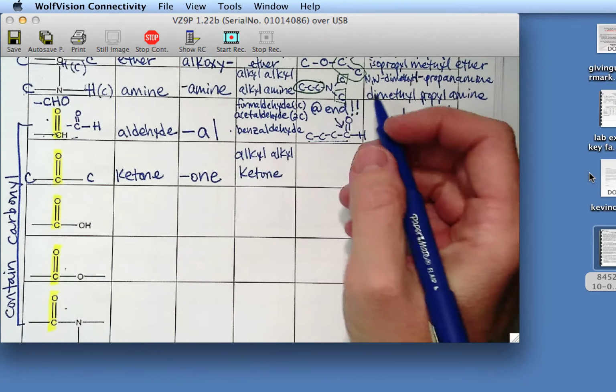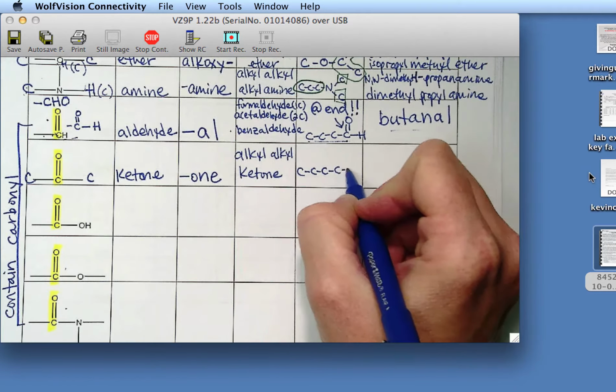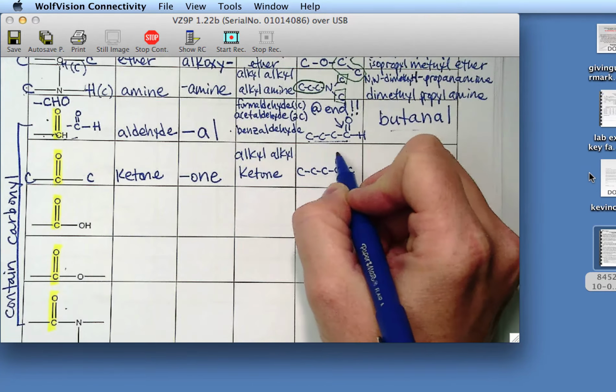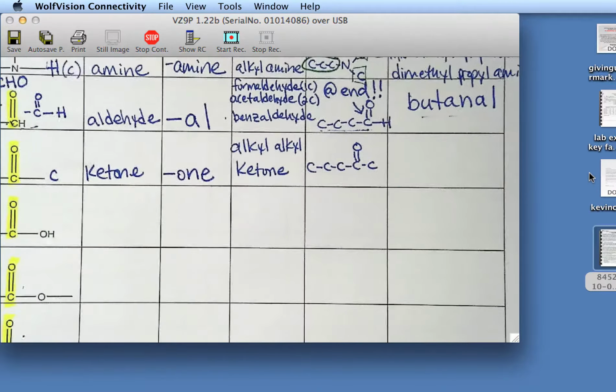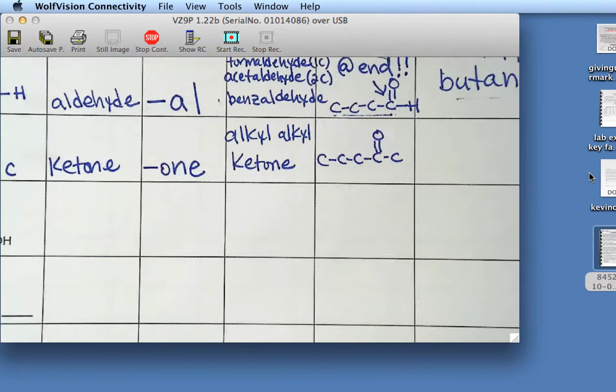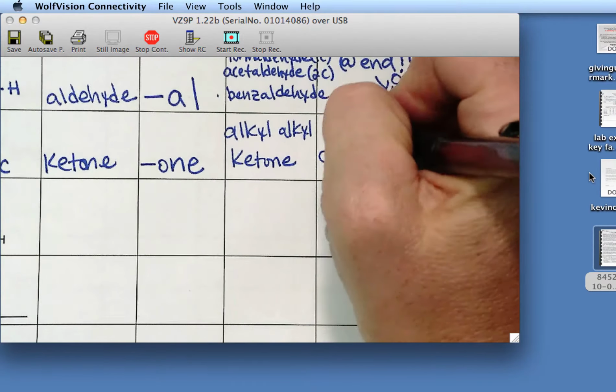Example I have. The thing about ketones, they are always in the middle of molecules because they need to be sandwiched between those two carbons. So they're always in the middle.